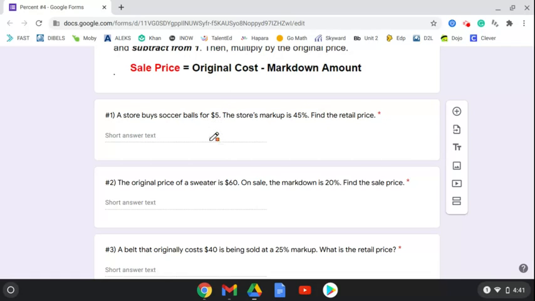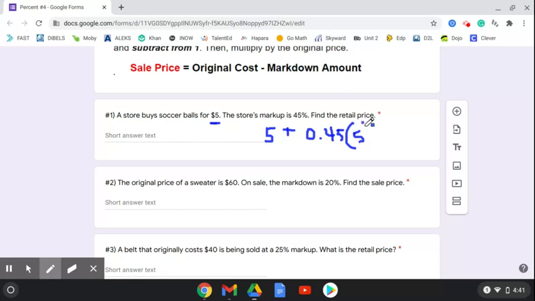find the amount of markup first and add it to the original price. So we've seen this sort of before, where we start with the original amount of $5 and we add on to it the percent markup. So 45% markup on the original cost of $5. So you have $5 plus, what's 45% of 5?